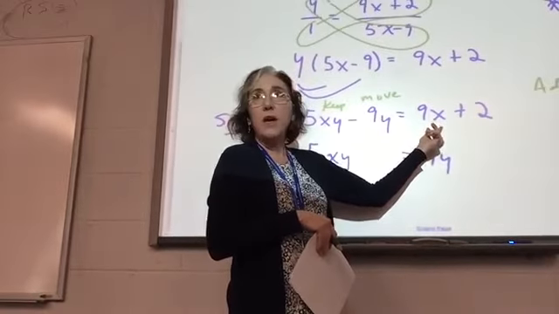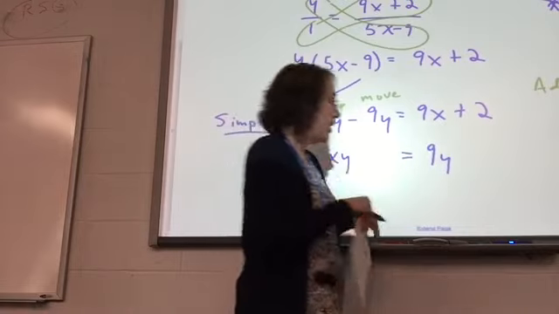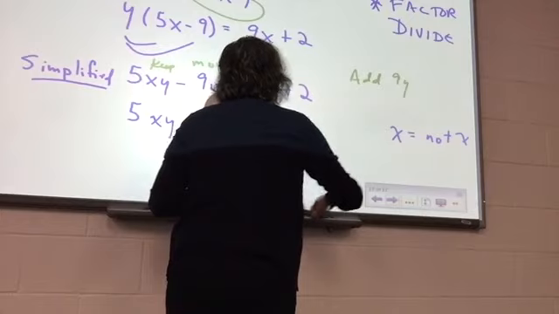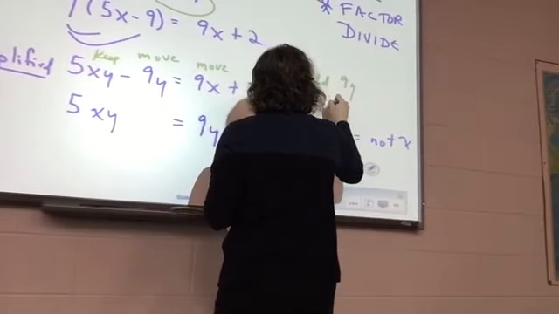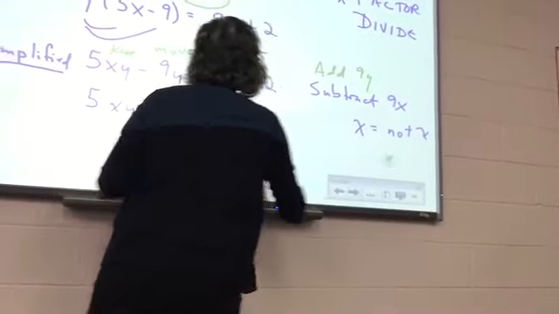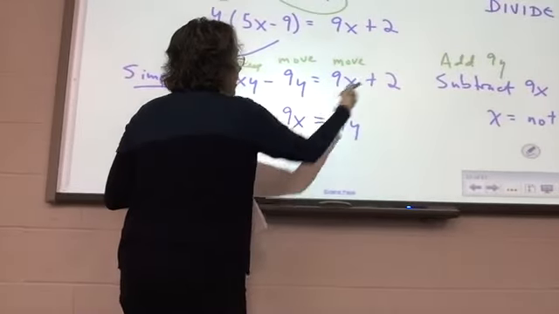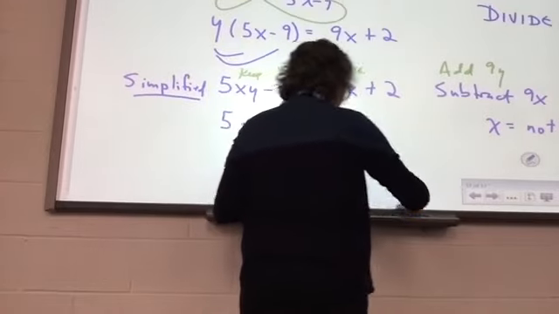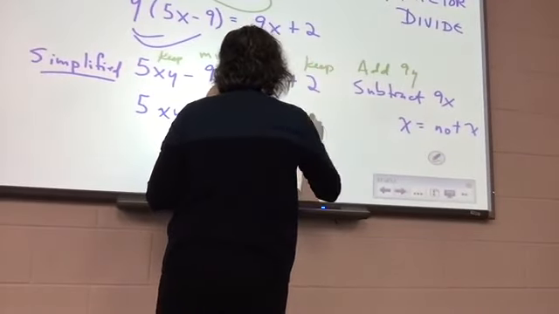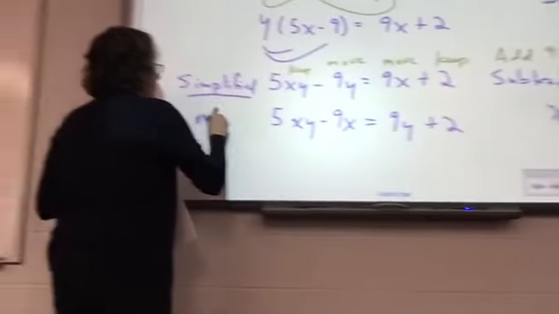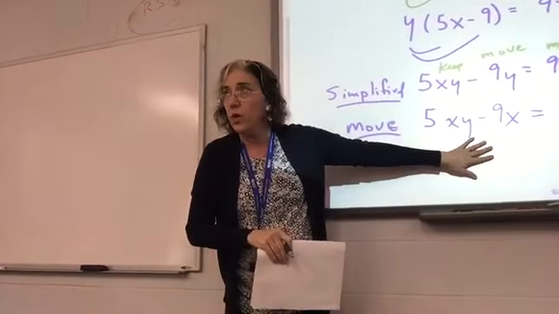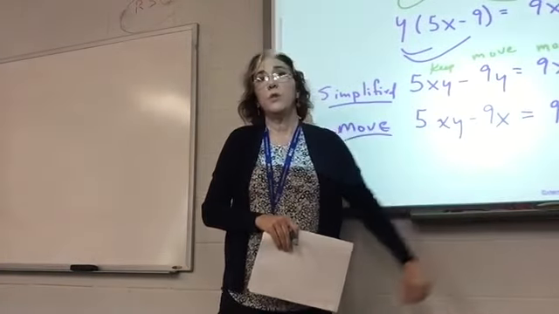Do I want to keep 9x on that side? No. Okay, good. I want to move it. How do I move it? Okay, subtract 9x. And what about the 2? We're going to keep it. We have moved. We've done the move step. That's what we wanted, was to have x terms on one side, non-x terms on the other side.